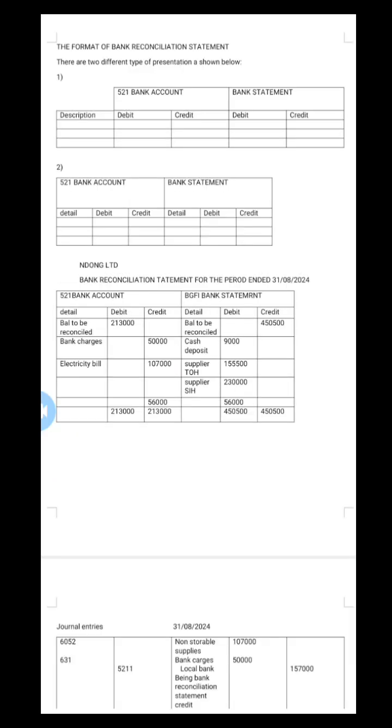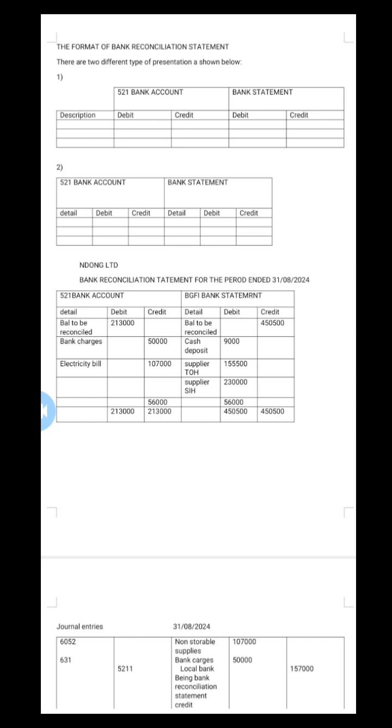We have unpresented checks. You know, unpresented checks are checks that have been issued to suppliers, but the suppliers are yet to cash the checks, or they have taken them to the bank, but the checks have not yet gone through the system. So the checks are known to the enterprise, but unknown to the bank statement.